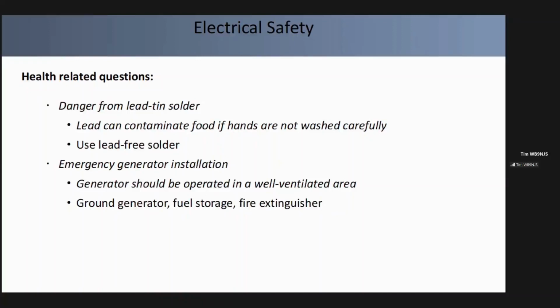Keep the fuel some distance away. You don't need a can of fuel by a hot generator. And by all means, have a fire extinguisher handy. I store my fuel on the other side of the house. I have a fire extinguisher about 5-10 feet away from the generator. But the question in the pool: emergency generator installation should be operated in a well-ventilated area.